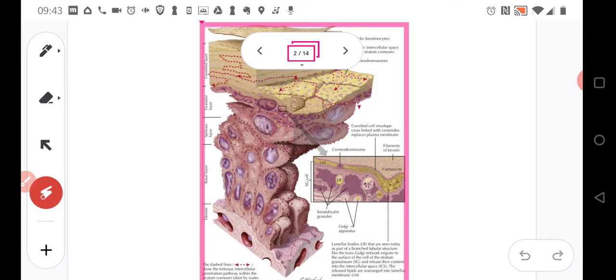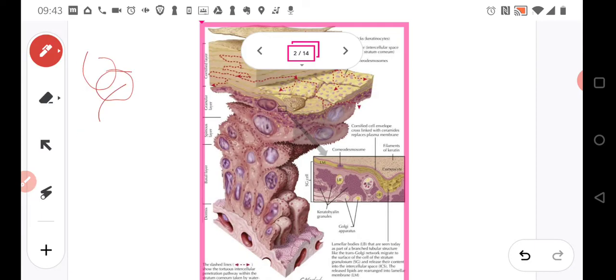Above it, we see the spinous layer. Why the spinous layer? Because, as you can see, there are a lot of those spikes. What are those spikes? Those spikes are the connections between the cells. I suppose you have heard that a chain is as strong as its weakest part. The same is true of the epithelium. The epithelium is as strong as its weakest part, and as the connections between those cells.